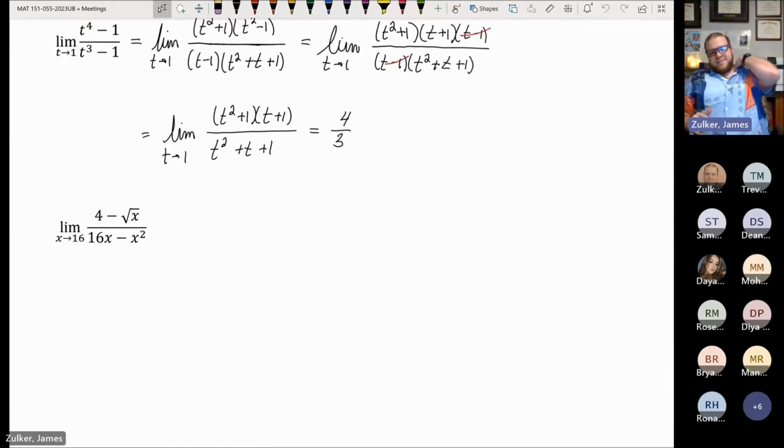Limit as x approaches 16 of 4 minus root x all over 16x minus x squared. If we plug in 16, we get 0 over 0.